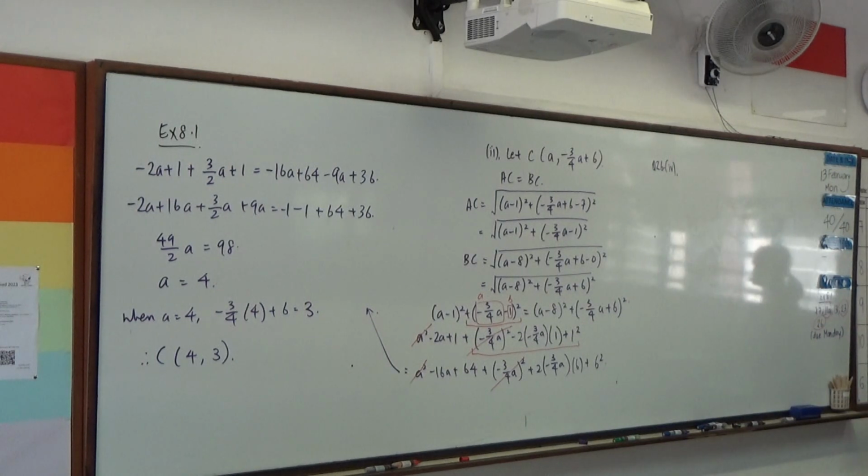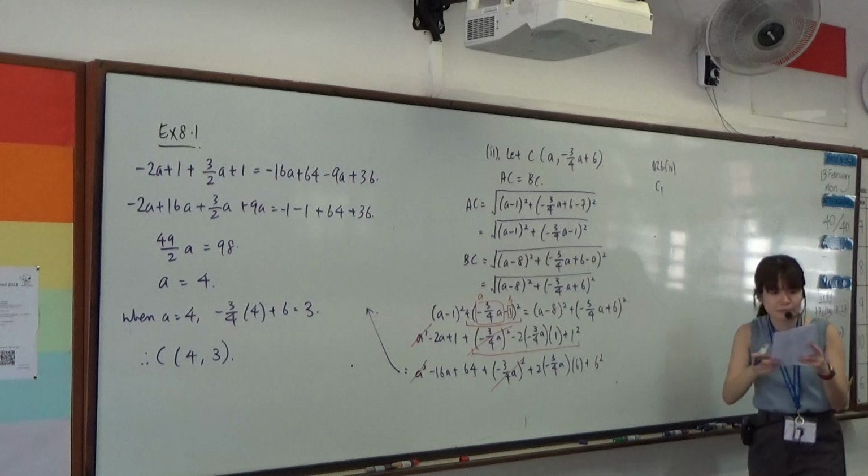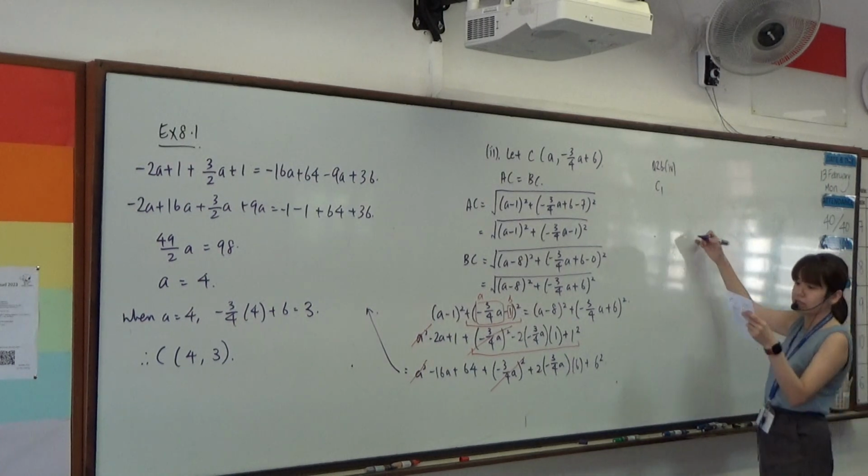Question 26. Okay, that means that at this juncture for question 26, you will already know the radius of your circle 1 and your radius of your circle 2. So, I'll just write things here. Circle C1 will have the radius of 3 units.